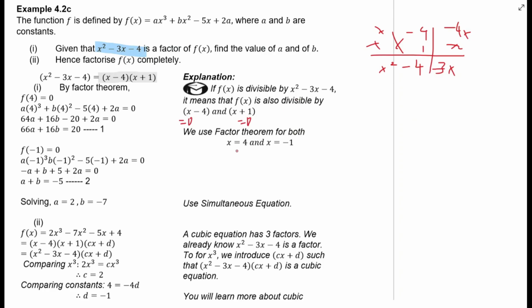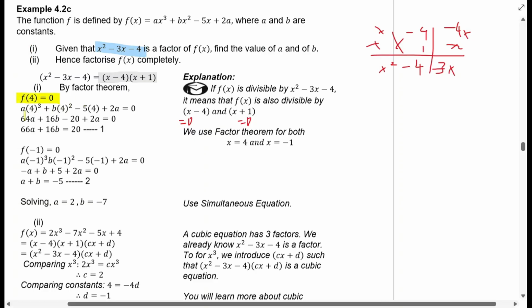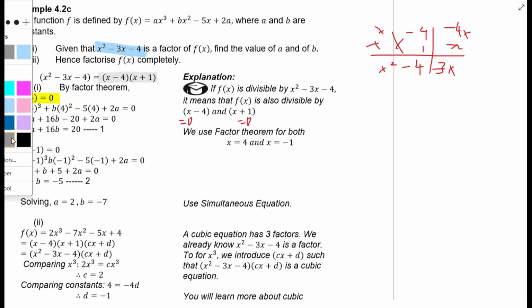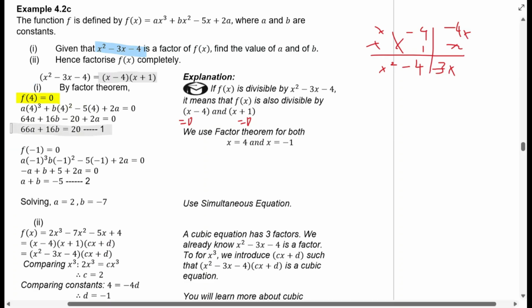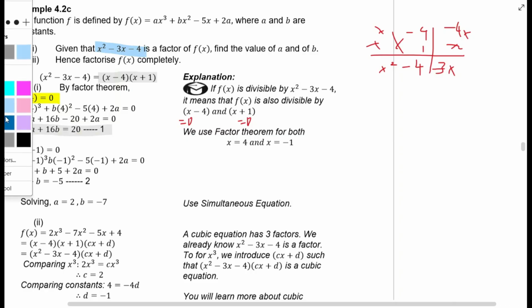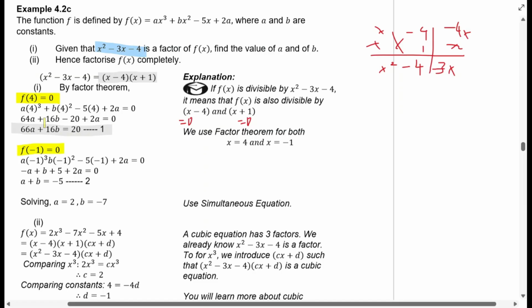So let's do x equals to 4 first. By applying factor theorem, you can substitute x equals to 4 into your f(x), like here. And then once you expand everything, you'll end up with your first equation. And then repeat it with x equals to minus 1, so you let it equate to 0.